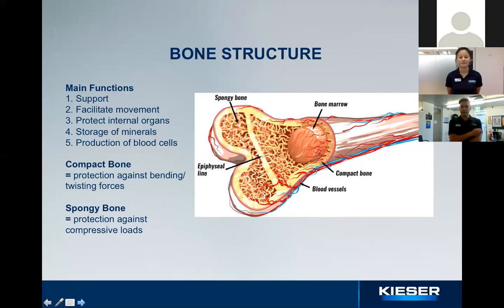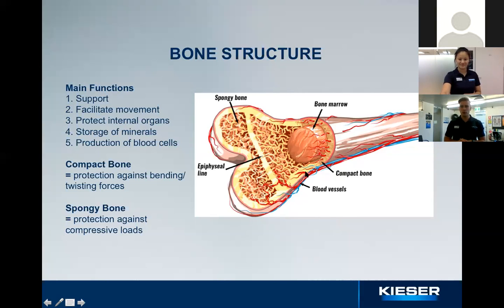So if we're looking at a common bone, the picture of the bone there is a long bone, particularly found in your upper arm or in your thigh. This is sliced in half so you can see the inside. We actually have 2 different types of bone within there. The first one is that thick bone you see around the outside. That's called our compact bone or our cortical bone.